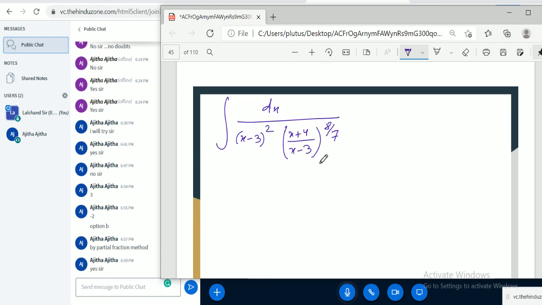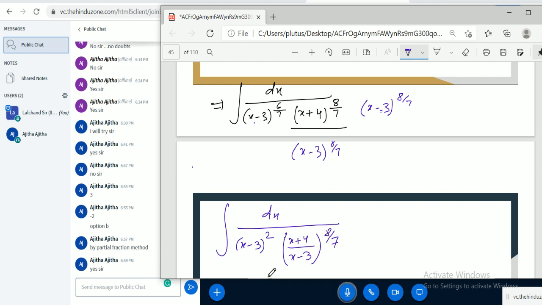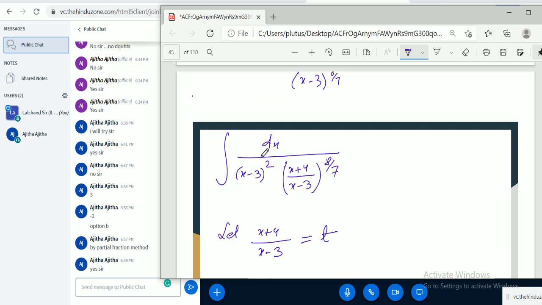Okay, now if we let this (x plus 4) by (x minus 3) equal to t. So now if we differentiate this equation on both sides, sometimes we need to multiply by this factor. If this doesn't work, let us try with another factor. Okay, but now this is a whole square.